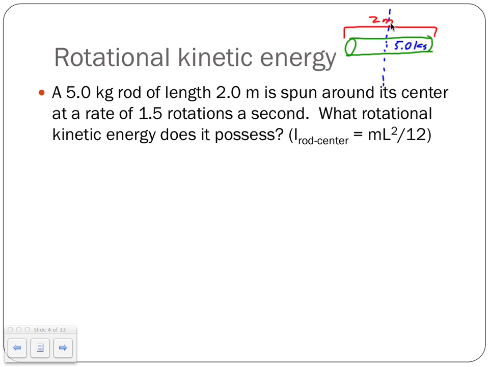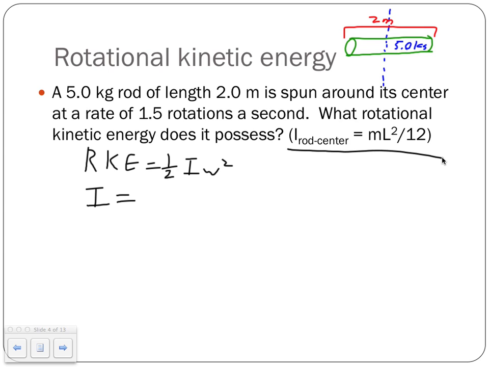Rotational kinetic energy, RKE, as we said, is going to be 1/2 I omega squared. So we need to figure out the moment of inertia I and the angular velocity omega. For a rod spun around its center, the moment of inertia is ml squared over 12.